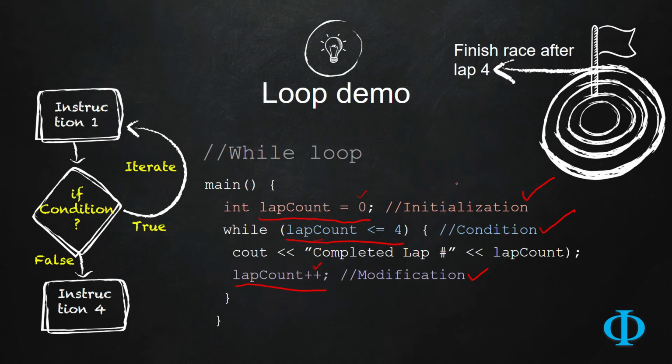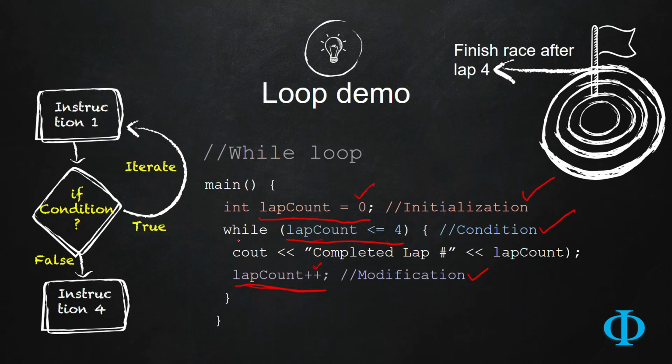So a while loop in C++ has three parts. First, initialize the loop variable with some initial value. In our case, it is 0. Then design the condition based on the loop variable for how long the loop will execute. And finally, the last statement of the loop should be a modification of the loop variable, which will take the loop variable towards the end of this condition.